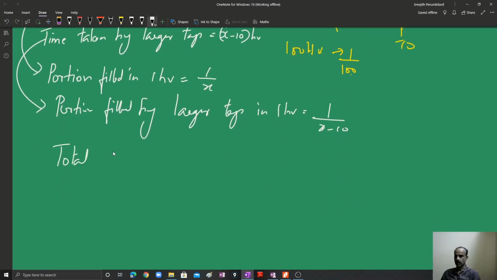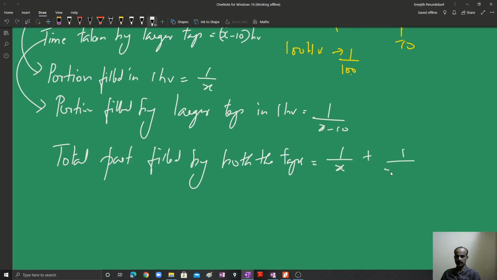Total part or portion filled by both the taps: this fills 1 by x and this fills 1 by x minus 10. So 1 by x plus 1 divided by x minus 10 is the portion filled by both the taps.